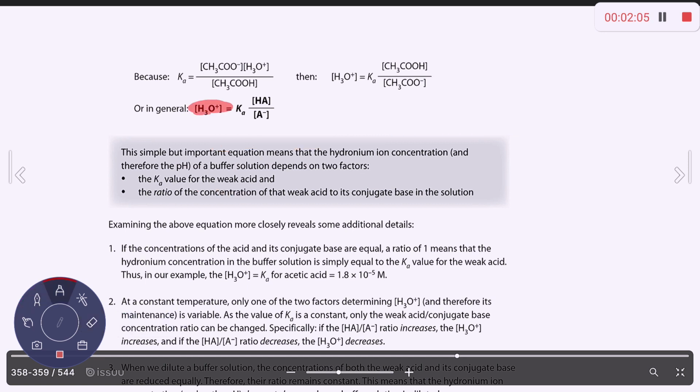Generally speaking, the hydronium ion concentration would be equal to the Ka times the concentration of the weak acid divided by the concentration of the conjugate base. What I would highlight here also is that the hydronium ion concentration of a buffer solution depends on the Ka value for the weak acid, obviously, and the ratio of the concentration of the weak acid and its conjugate base.